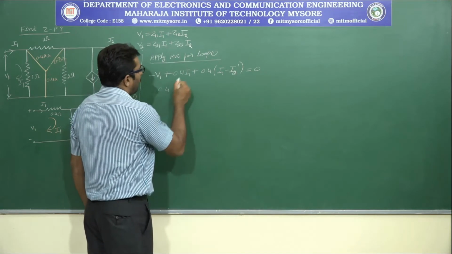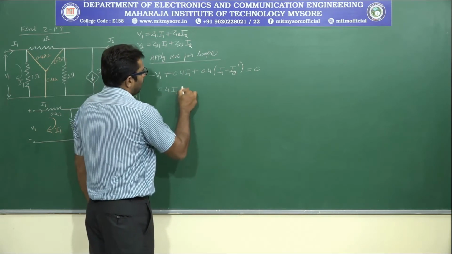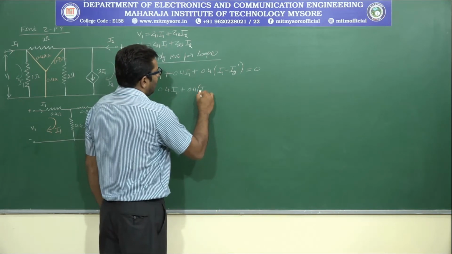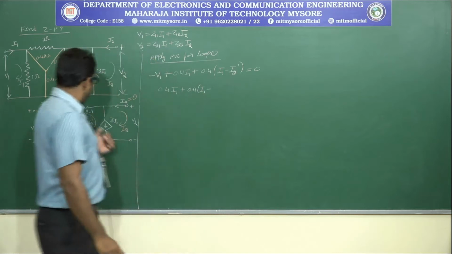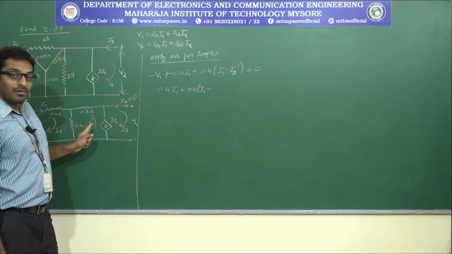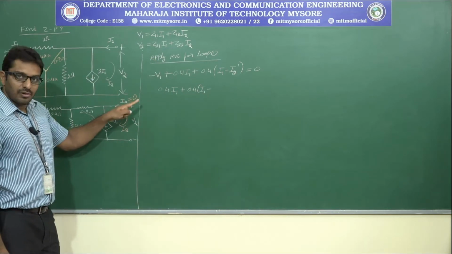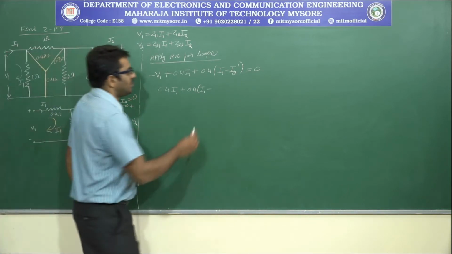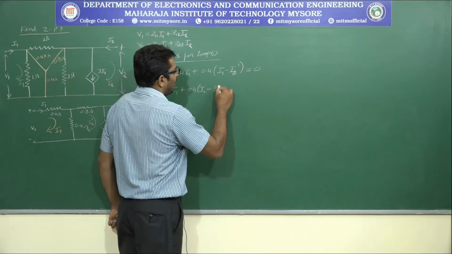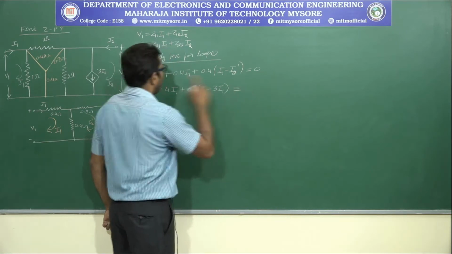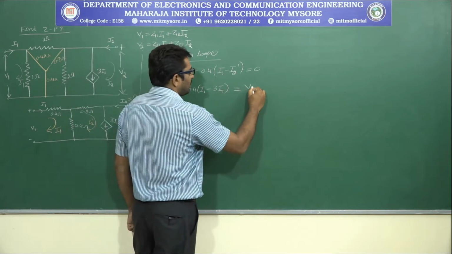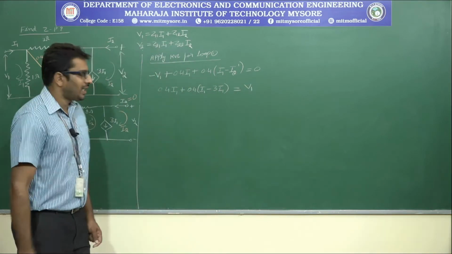0.4 I1 plus 0.4 (I1 minus I2 dash). Now, when I2 is equal to 0, I2 dash is nothing but 3I1. So I1 minus 3I1, that is equal to minus V1 shifted to the right side, becomes plus. Is that clear?